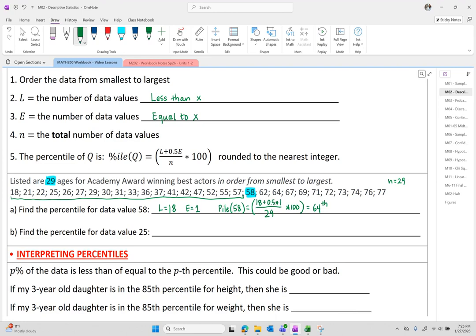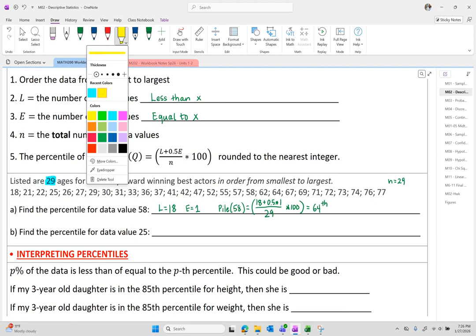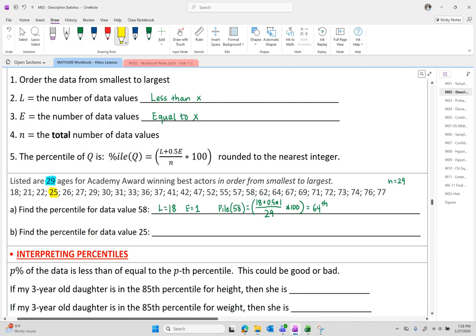If I want to find the percentile for data value 25, so 25 is here. L is the number of data values less than 25, and there is only 3. E is the number of data values that are equal to 25, and there is only 1.